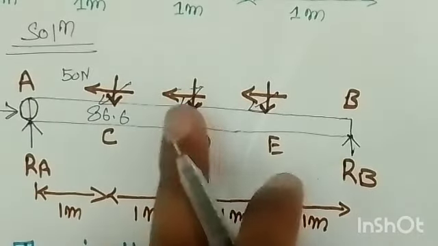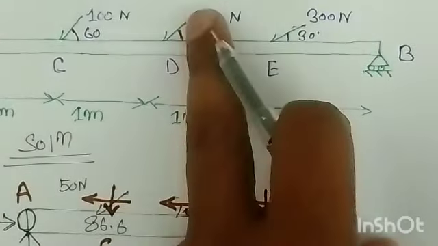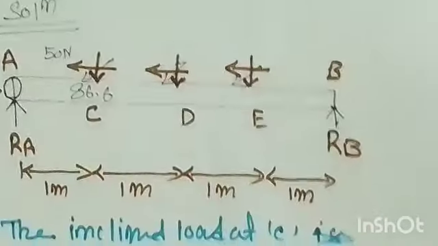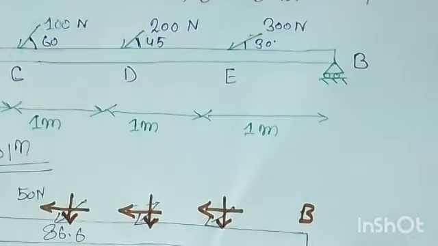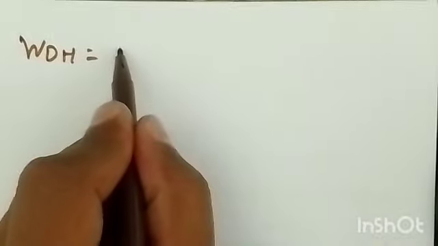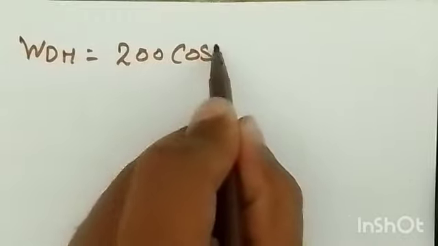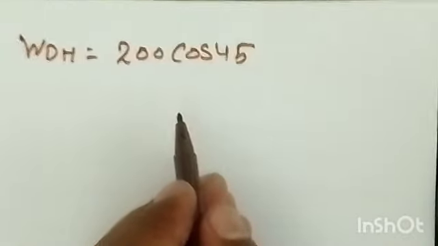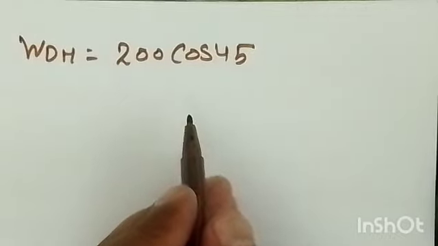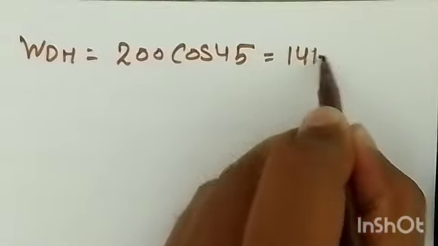Similarly, we can find the horizontal and vertical components at D. The horizontal component is 200 cos 45 and the vertical is 200 sin 45. So WDH is 200 cos 45, which is 141.4 Newton.